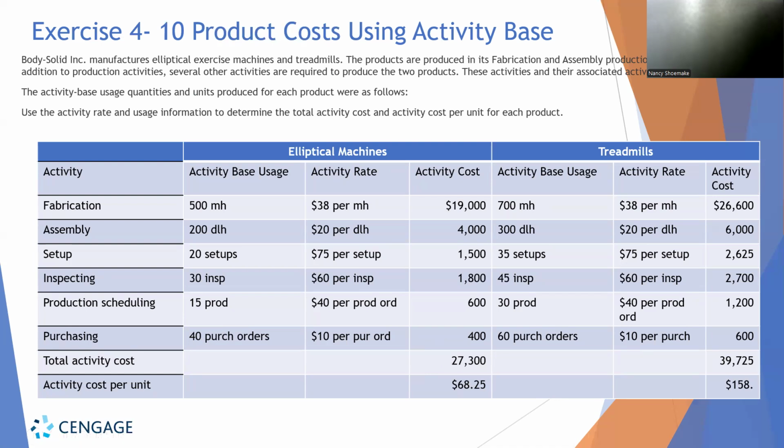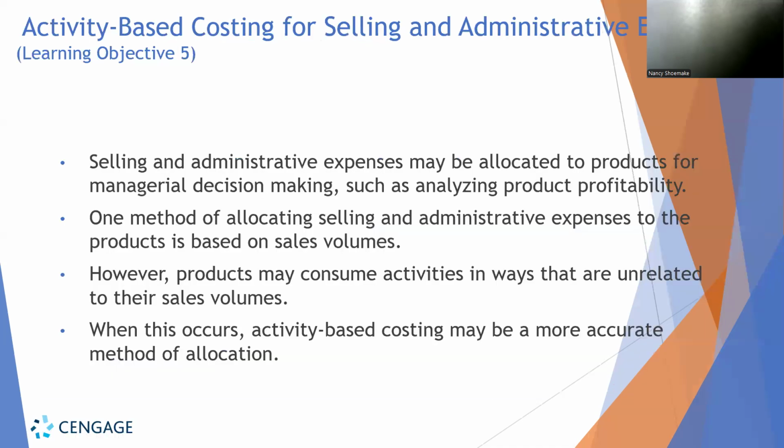But since we're producing 500, our activity cost per unit is only $68.25. Where do you see with our treadmills? It's over 2.2 times, 2.3 times the amount that our elliptical machines cost, the cost we're allocating to them. Does that make sense?